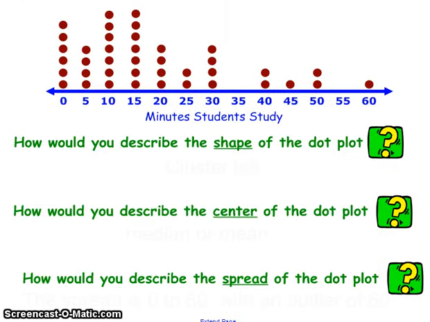Let's go through and analyze this dot plot a little bit more. If we want to describe the shape of the data, we could say this shape is clustered to the left. Most of my points, or the majority of my points, are on the left. So we say it's clustered left, and we call it asymmetrical because it is not separated directly in half.